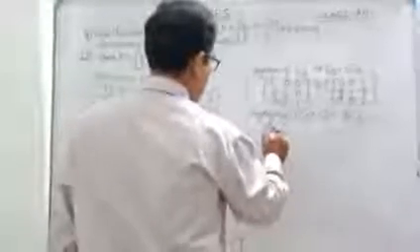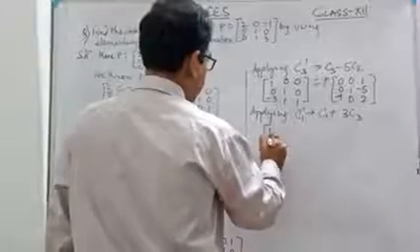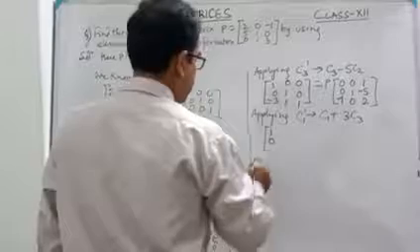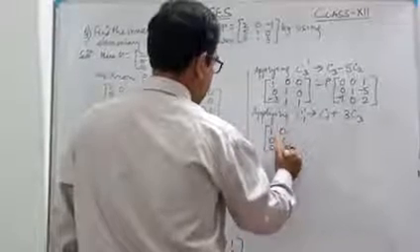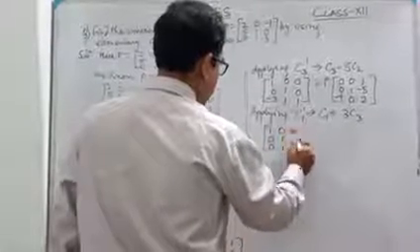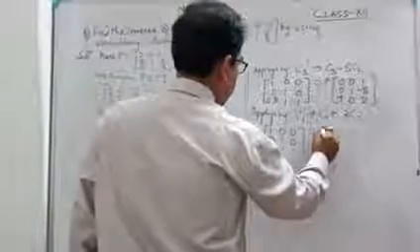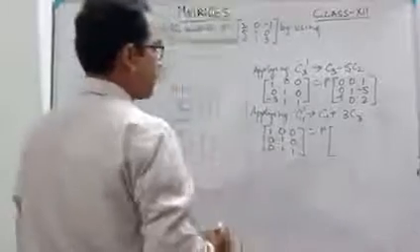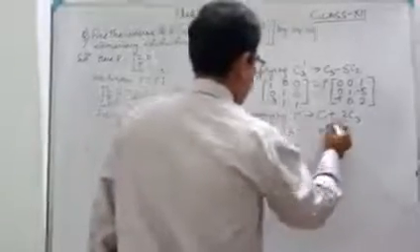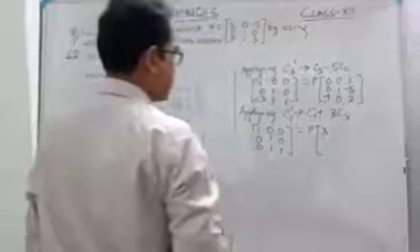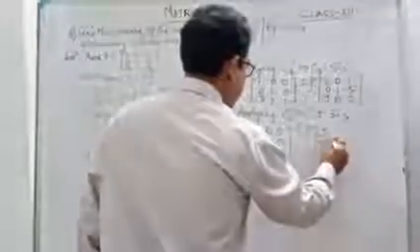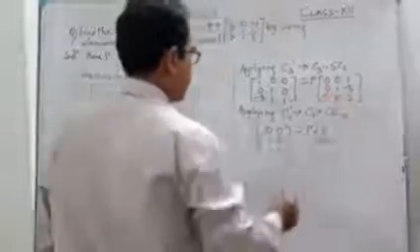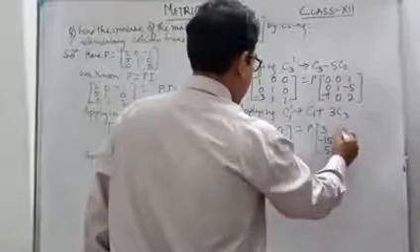So 1, 0, 0, 0, 1, 1, 0, 0, 1. Okay students, and here what we will get? 3. Okay, then after minus 15, then after 5, and here no change.